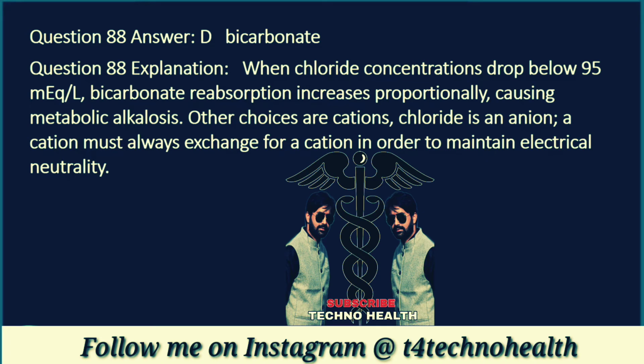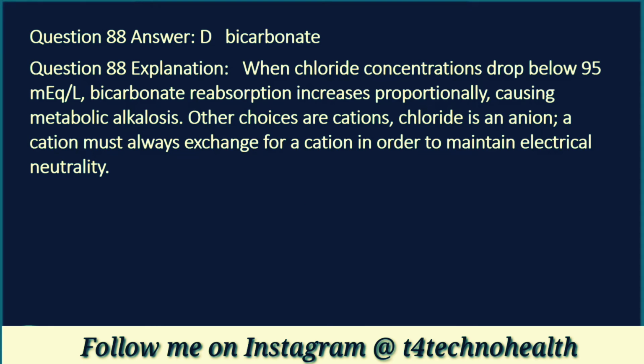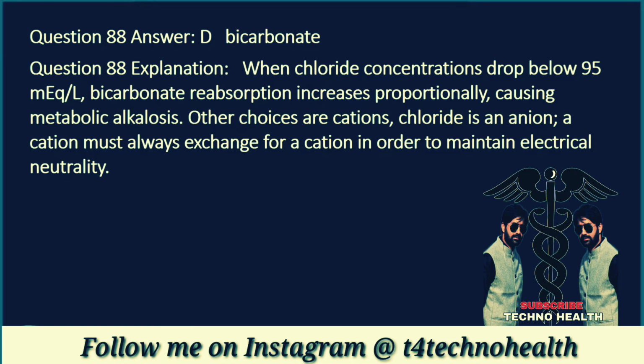Explanation: when chloride concentrations drop below 95 mg/L, bicarbonate reabsorption increases proportionally, causing metabolic alkalosis. Other choices are cations. Chloride is an anion. A cation must always exchange for a cation in order to maintain electrical neutrality.